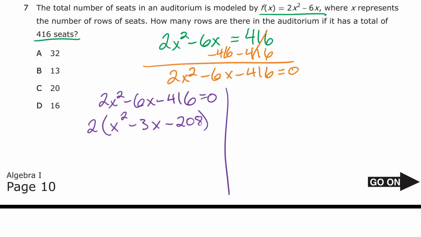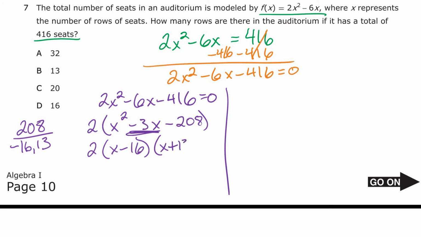This is one of the reasons this is a difficult question, is because now we would want the factors of 208, and there are many factors. The correct pair would be 16 and 13. And which one would have to be negative in order for it to add to a negative 3? Well, the 16. So then we would have 2 parentheses, x minus 16, x plus 13.